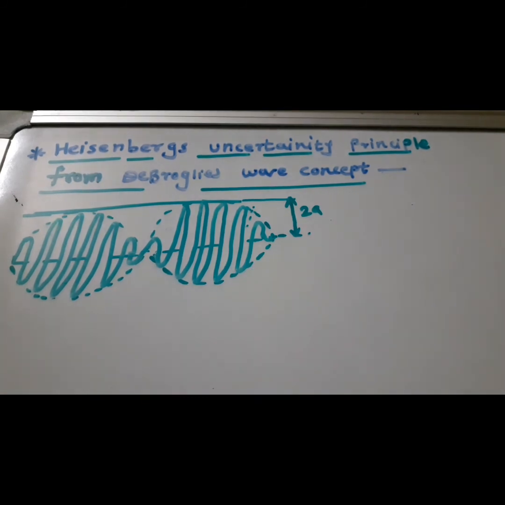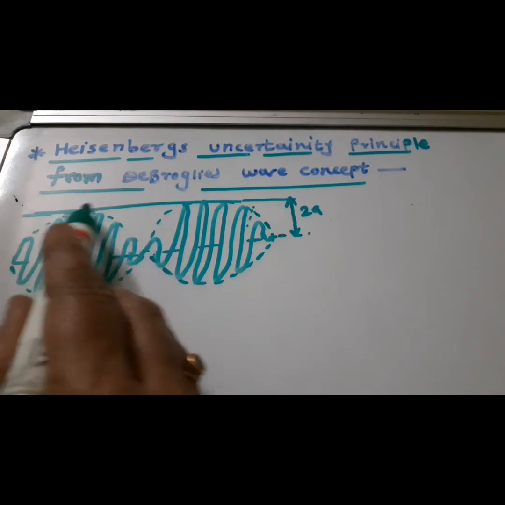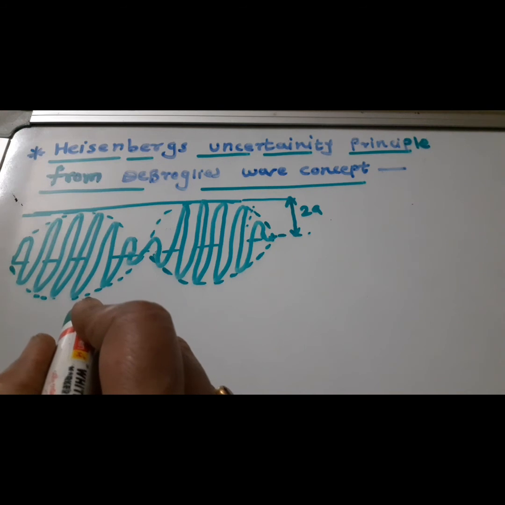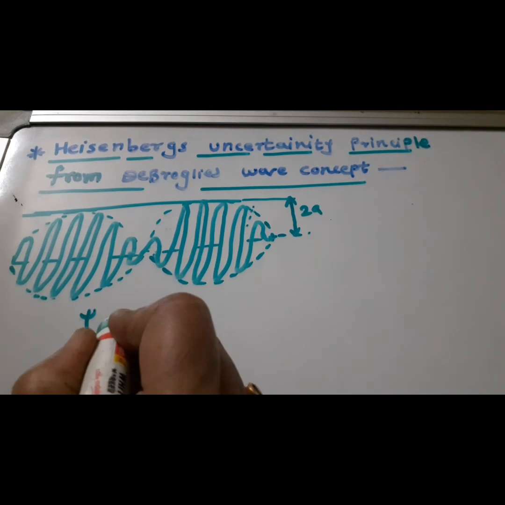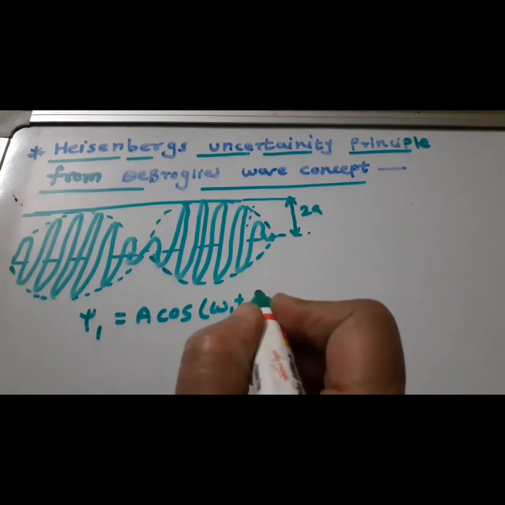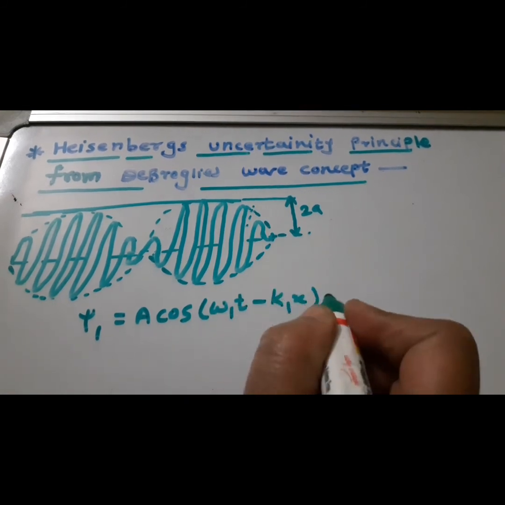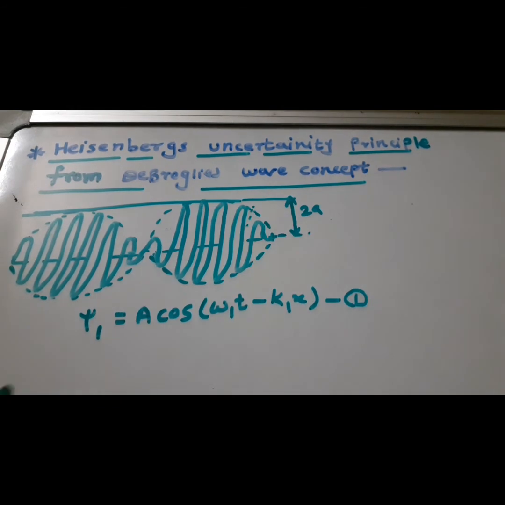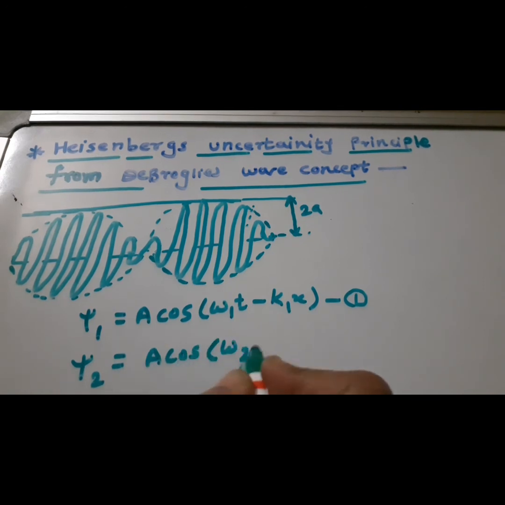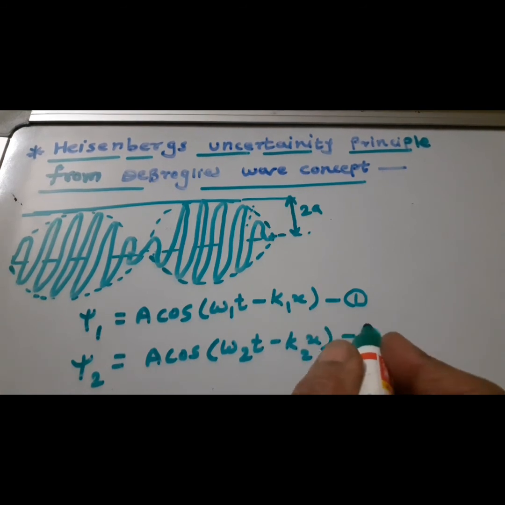Now we can write psi 1 is equal to a cos of omega 1 t minus k1 x, equation 1. Now the second equation is psi 2 is equal to a cos of omega 2 t minus k2 x, equation 2.